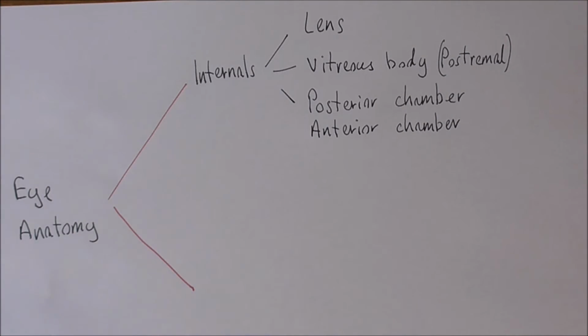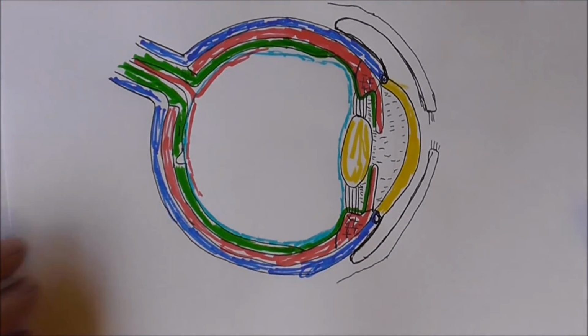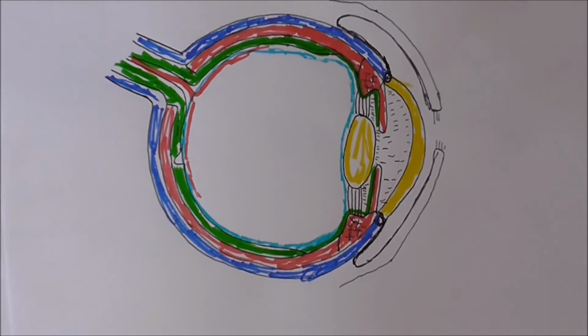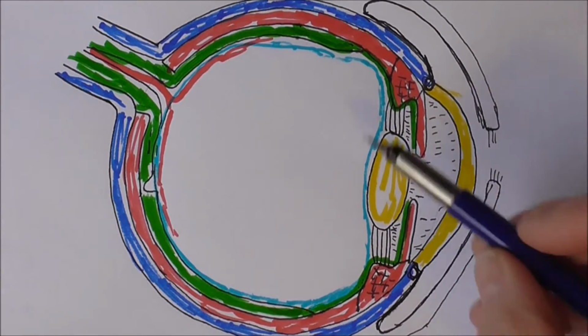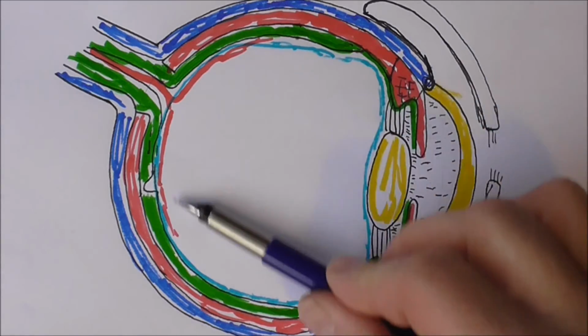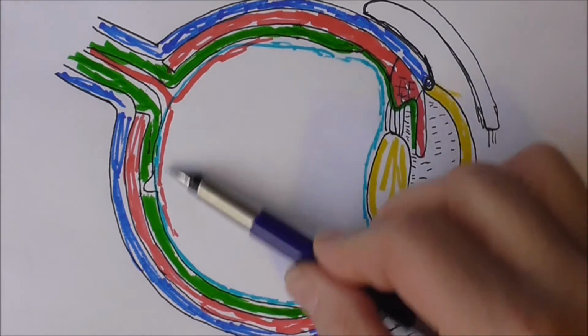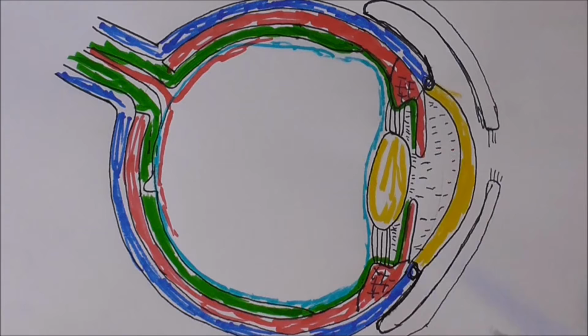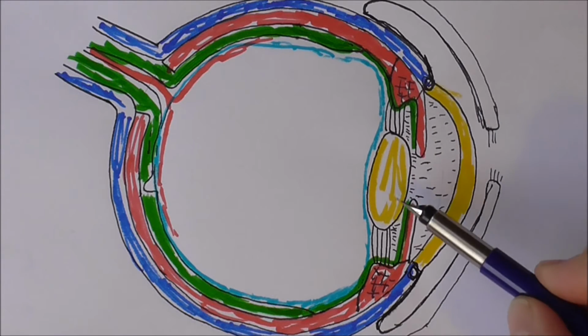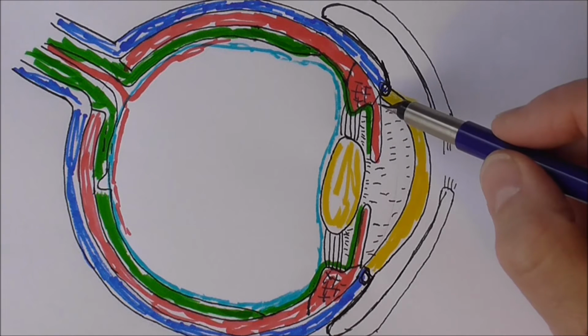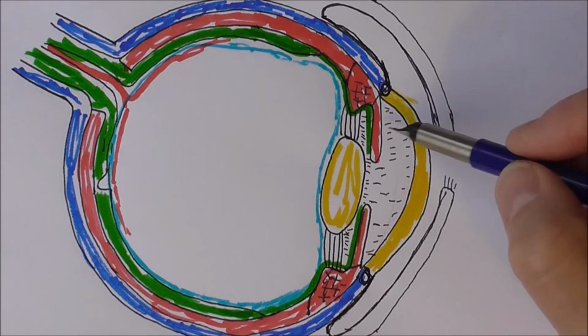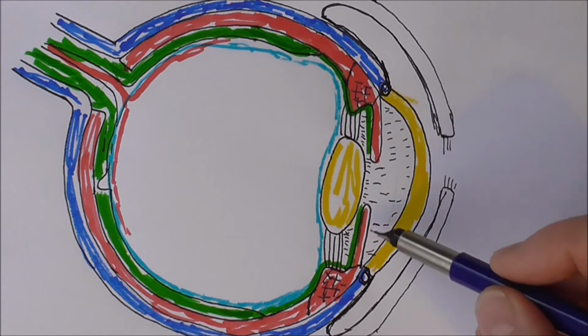And just to remind ourselves in the diagram we've been using, the vitreous in the postremal chamber is this large area here inside the blue line. This is the lens in yellow. Now the anterior and posterior talk about being in front and behind of the iris.